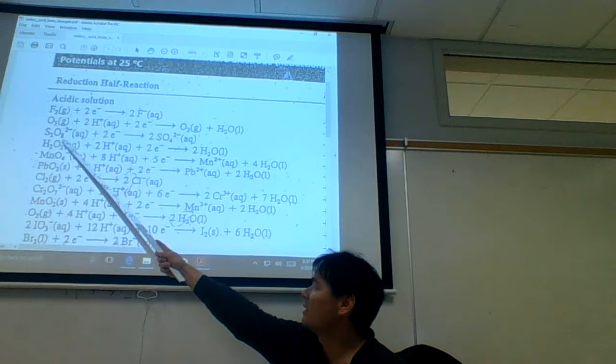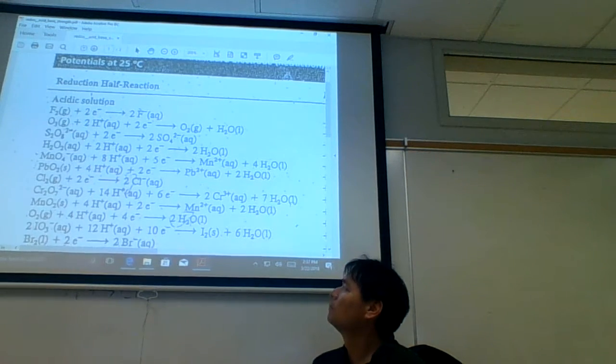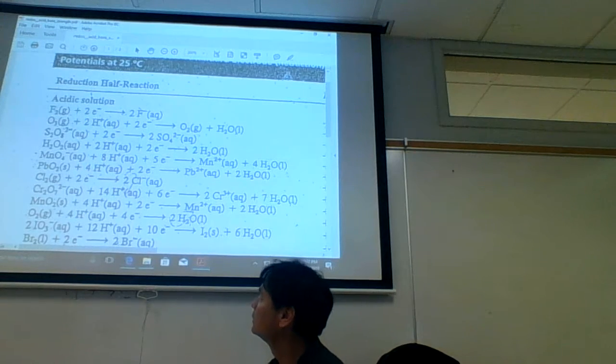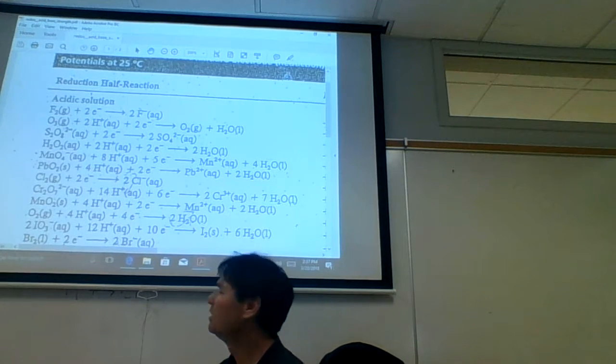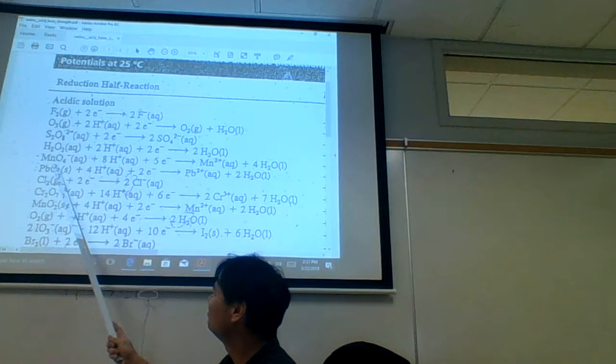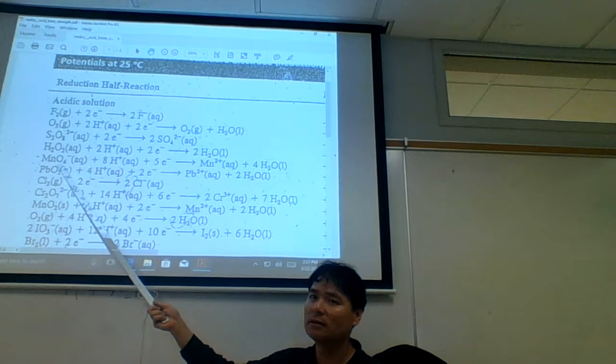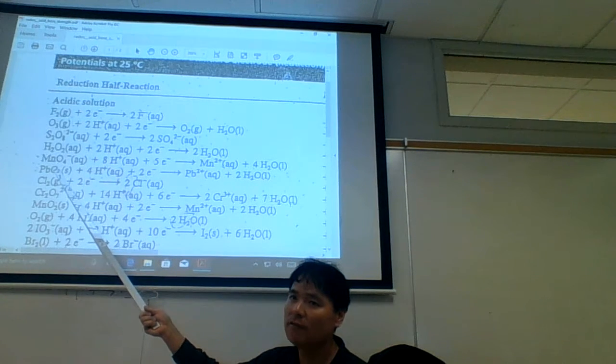This one, did I talk about the peroxide bond in this? Maybe not. That's not important. How about this one here? Permanganate. So what's oxygen here in permanganate? I have 4 oxygens.